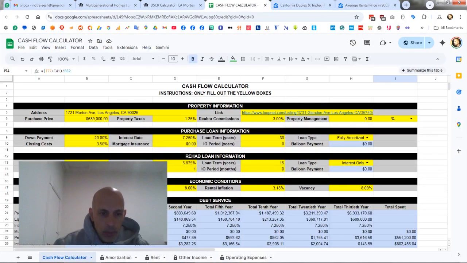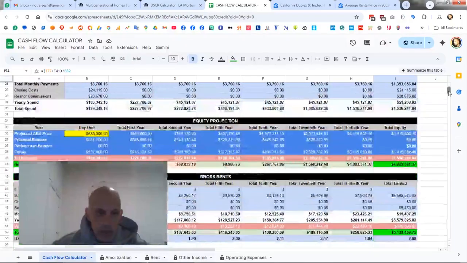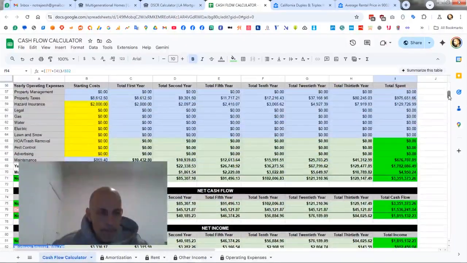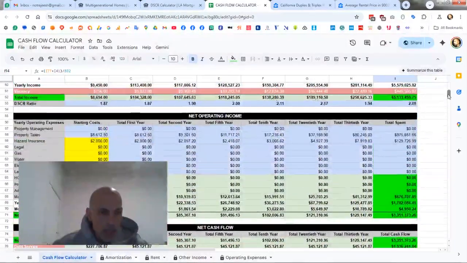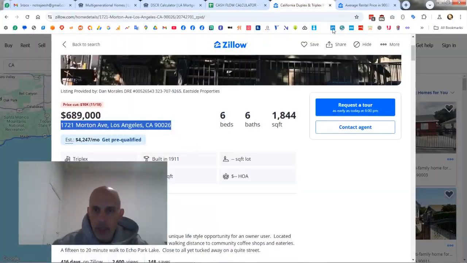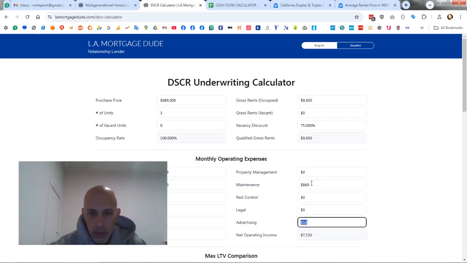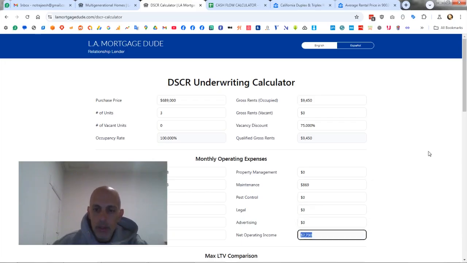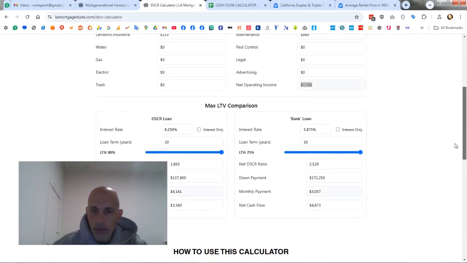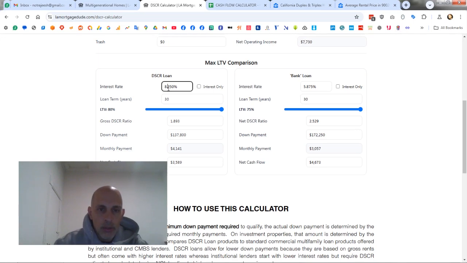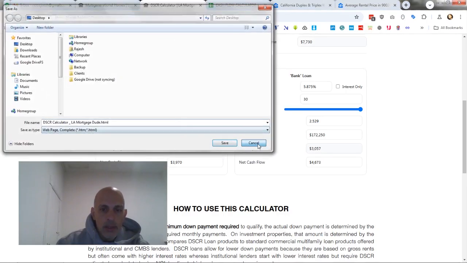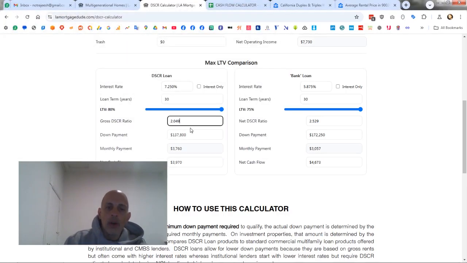It says 945. I'm actually going to put maintenance costs at 869. Pest control 0, legal 0, advertising 0. So we're looking at net operating income of 7730 at an interest rate of 8.25. That's not true. 7.25%. So your gross DSCR ratio is 2.0.